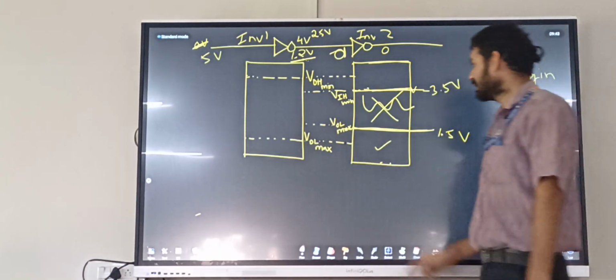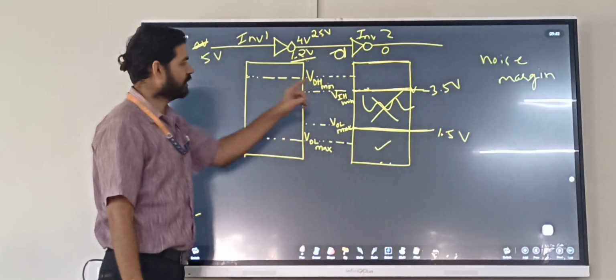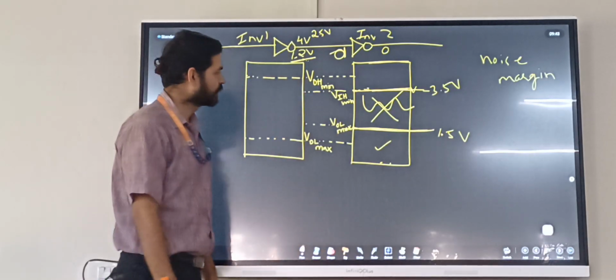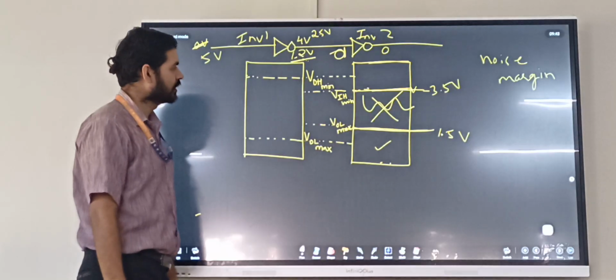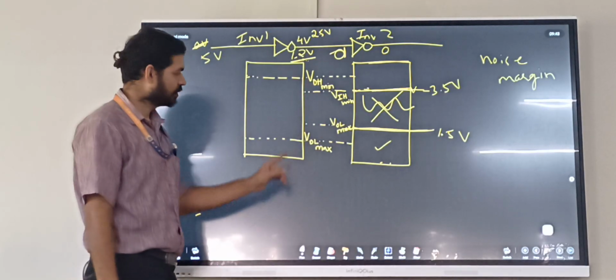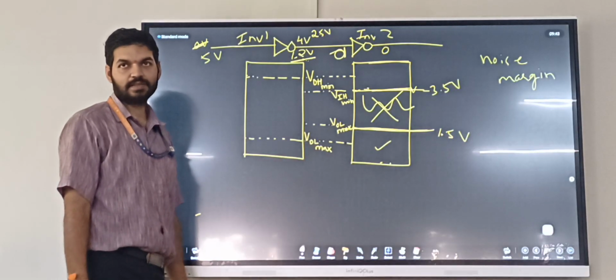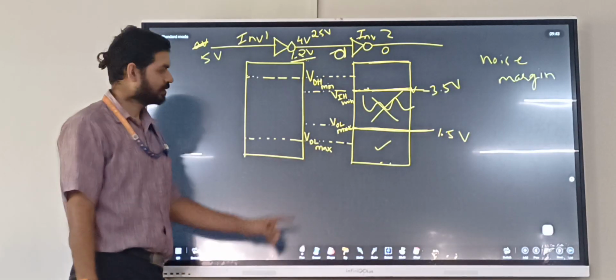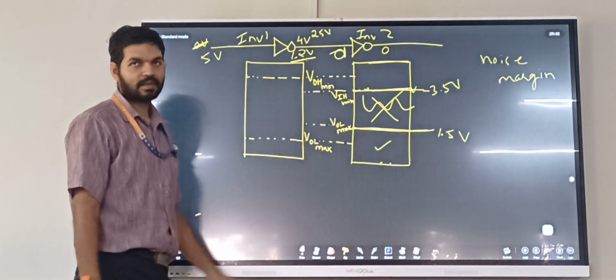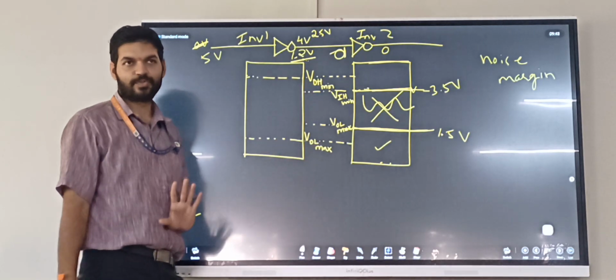So I have written a few terms here. VOH minimum. H means high. VOL maximum. L means low.